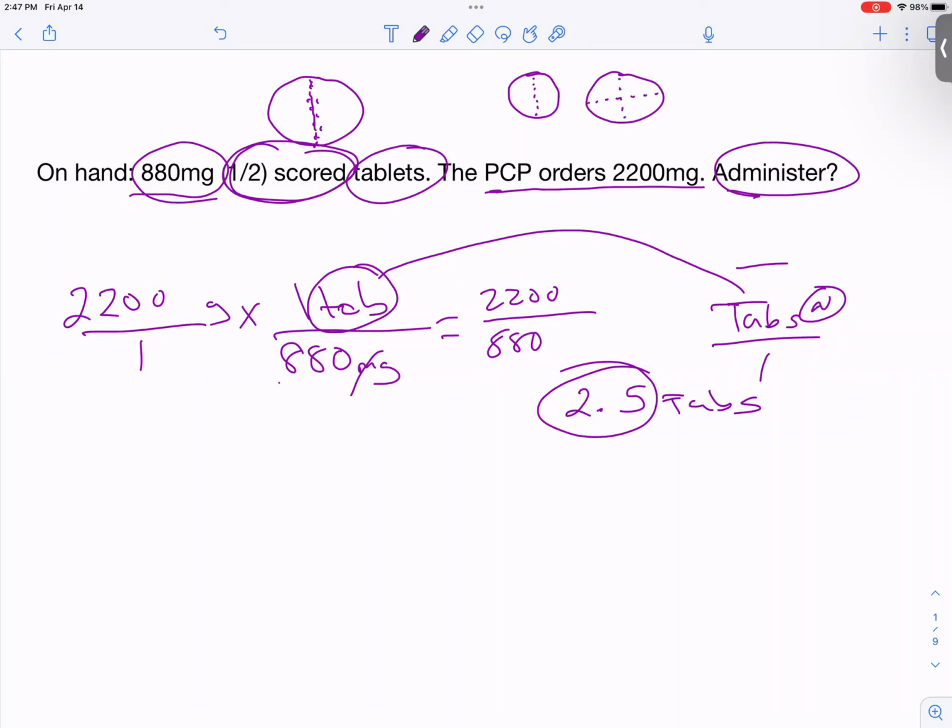Whichever way, if it's this one, it means you can break it in half. If it's this one, it means you can break it in quarters. Okay. I added this here just so you knew when I said score tablets, what type of score tablet it was. All right. You don't use that in your problem. It's just letting you know it's a half score tablet. You can split it in half evenly.